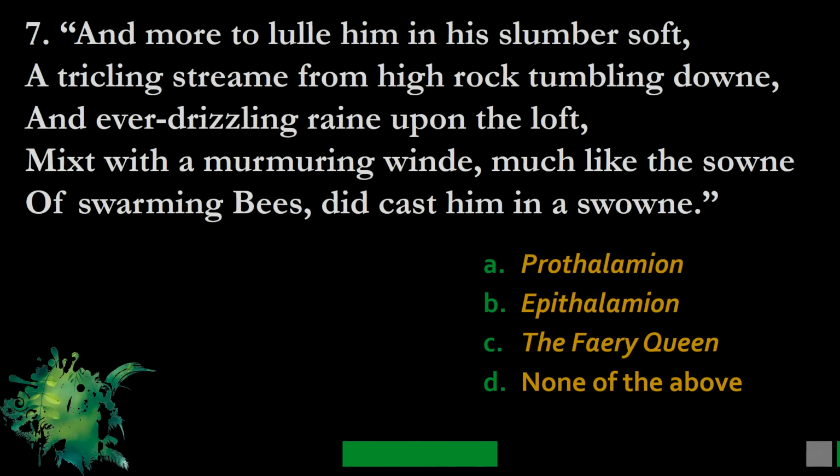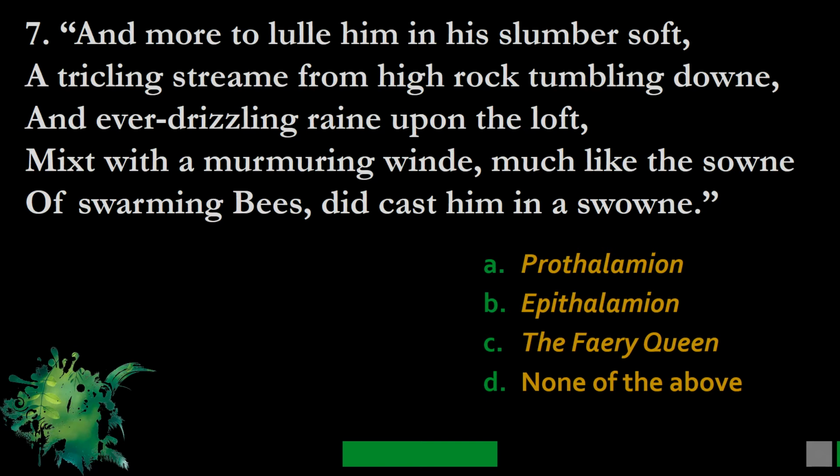Number 7. "And more to lull him in his slumber soft, a trickling stream from high rock tumbling down, and ever-drizzling rain upon the loft, mixed with a murmuring wind, much like the sound of swarming bees, did cast him in a swoon."